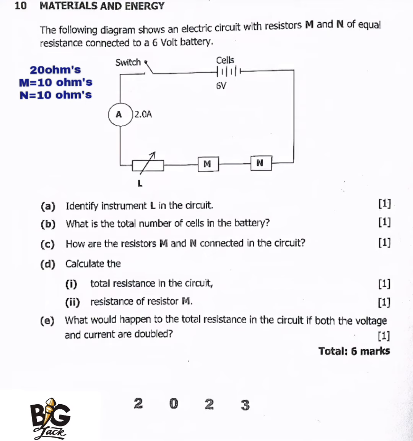In this case, resistor M has 10 ohms and resistor N also has 10 ohms. That is the interpretation of this statement.